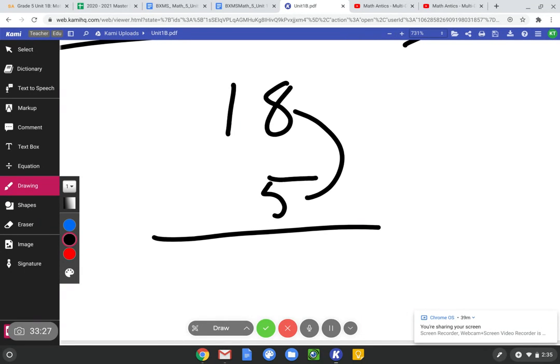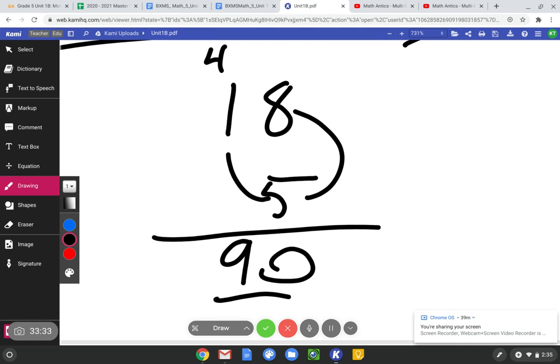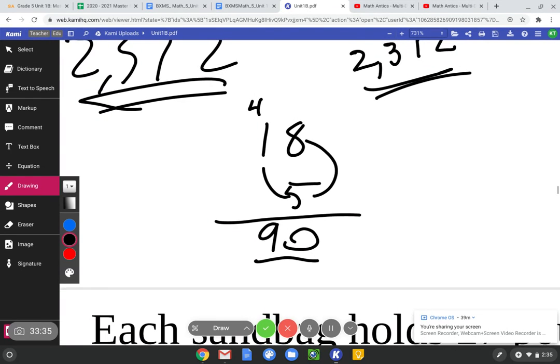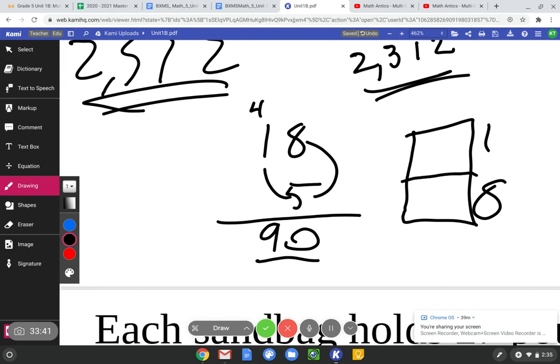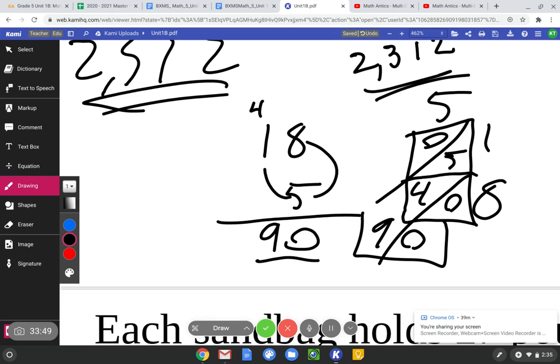We're in the ones place. If you're more of an array type person, $90.